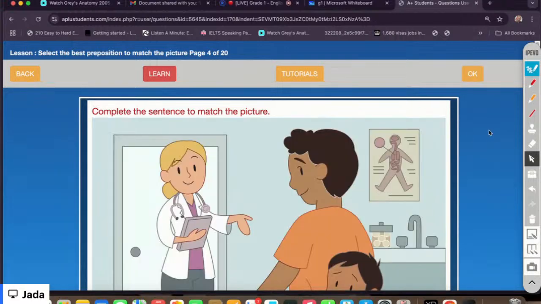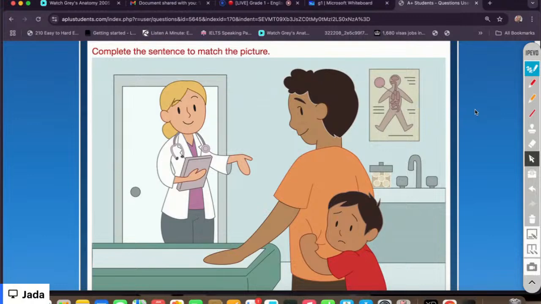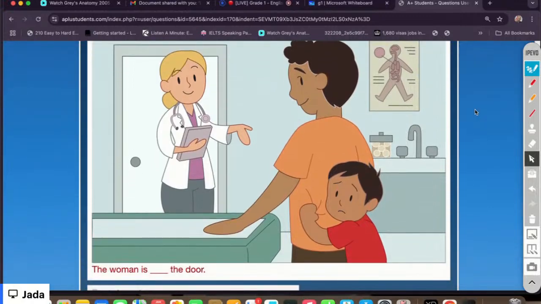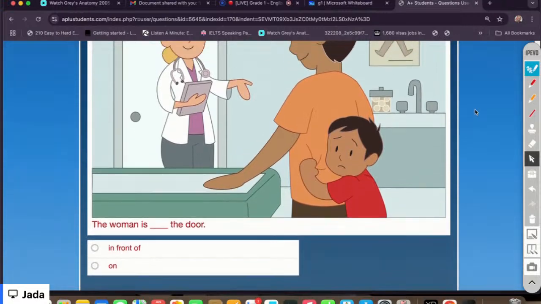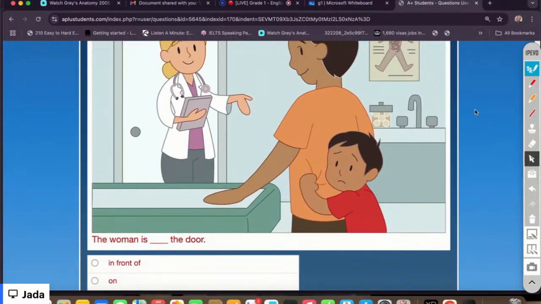All right, so next one. Look at this picture. We have the woman is dash the door, in front of the door or on the door. So what do you think? Is she in front or is she on the door? In front or on the door? So what's your right answer here? You can tell me.